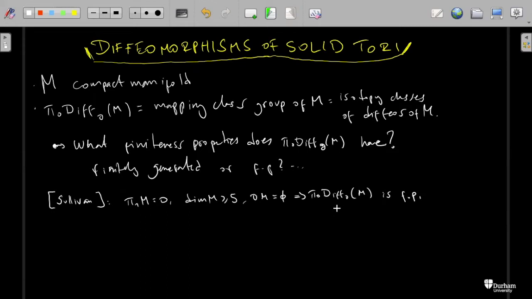And also I think this is extended by Triantafillou in the case when the fundamental group is finite, so one has the same kind of result in that situation.